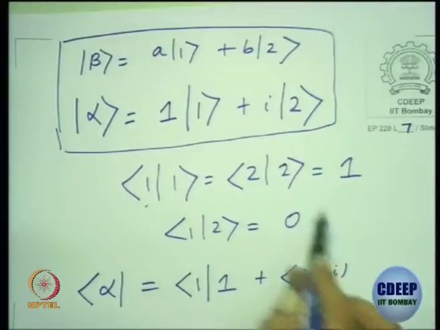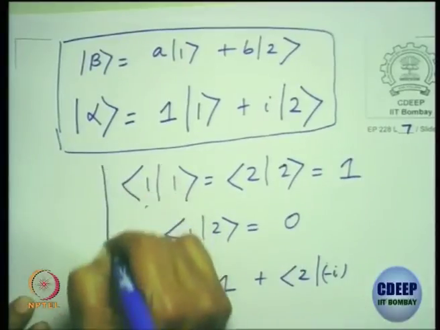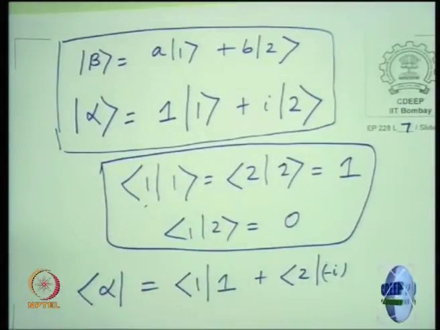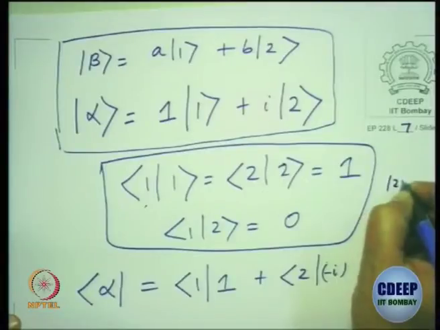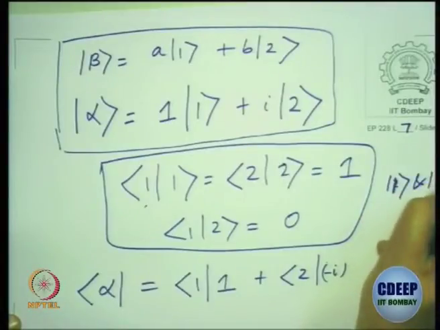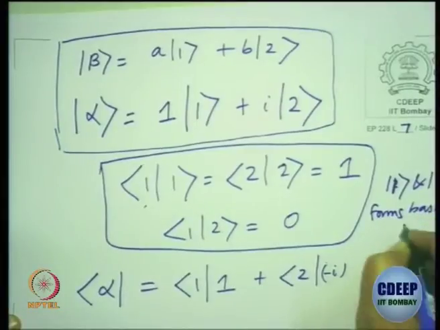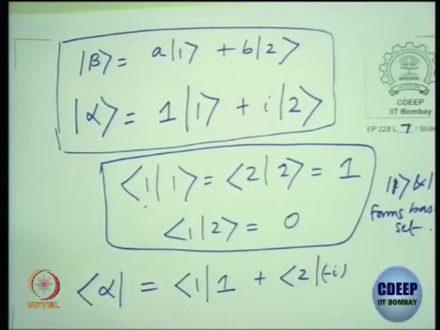So what is this condition? It's a basis set. |1> and |2> form a basis set. You all agree? |1> and |2> form a basis set and they are linearly independent.